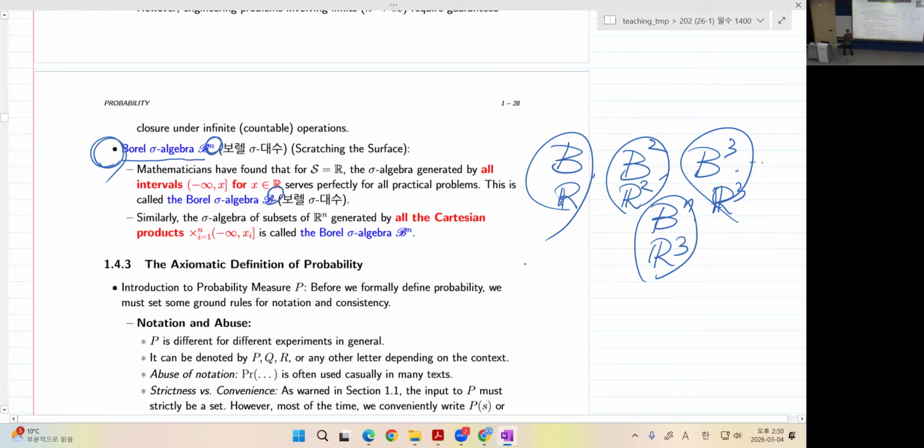And what should be the Borel sigma algebra? Borel sigma algebra, as it says, is a sigma algebra of subsets of real numbers. The Borel sigma field B to the n is a sigma algebra of subsets of R to the n. And interestingly, these Borel sigma algebras are so-called generated.